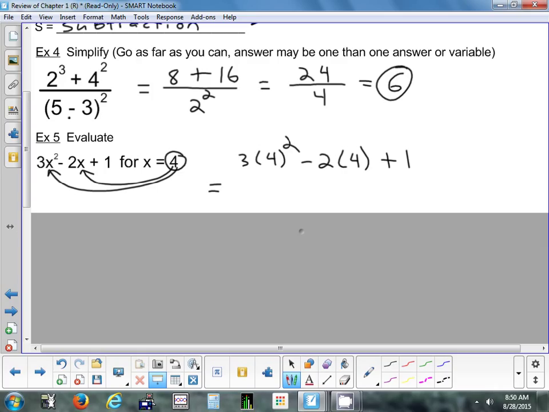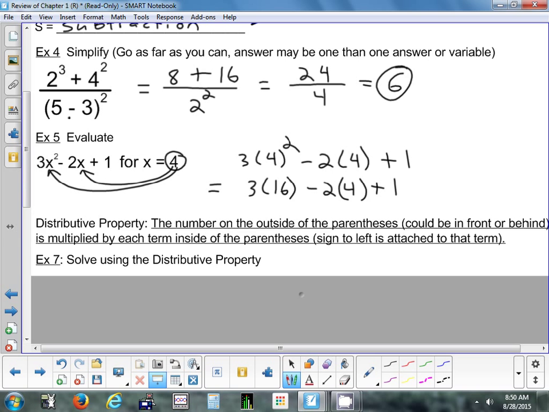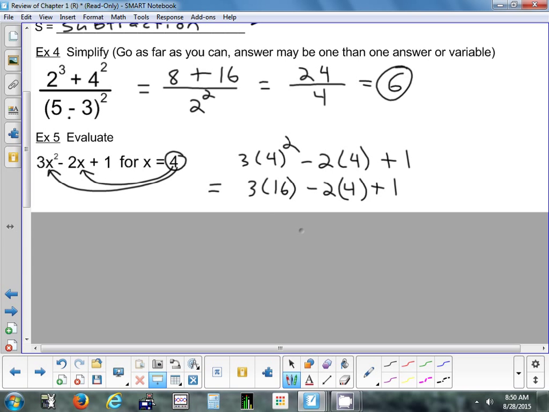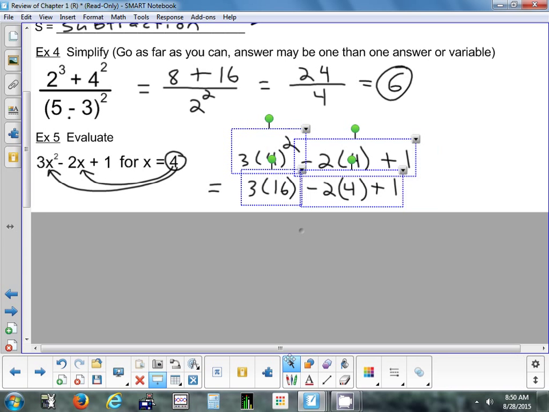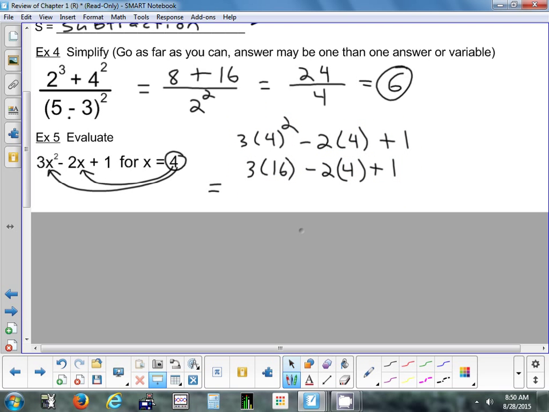Okay, 4 to the second power gives me 16. Okay, and I'll just copy the rest of it down. Some of you might do more than one step, but we'll just do one step at a time to keep it simple. Okay, 3 times 16. Anybody know what that is? If not, we can just use our calculator. Yeah? Good, 48.